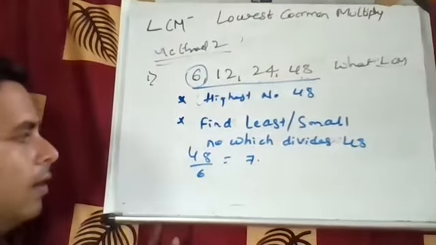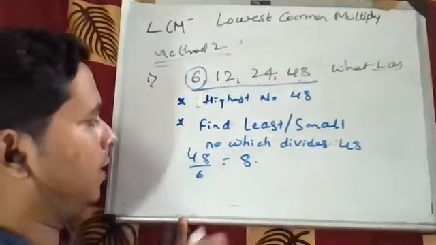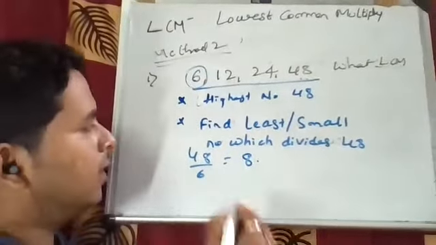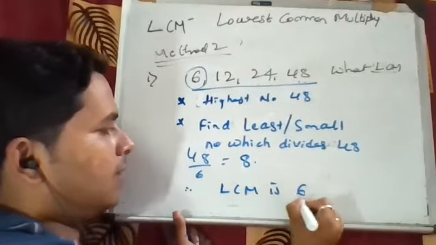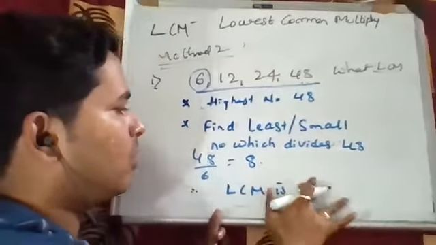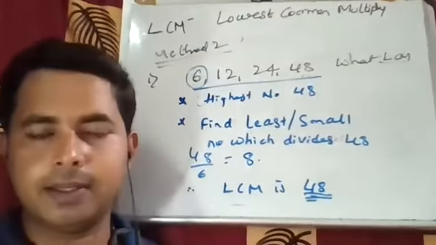Okay, the smallest number is 6 which divides the 48. So therefore LCM is 6. Sorry, what is the LCM? LCM is 48.